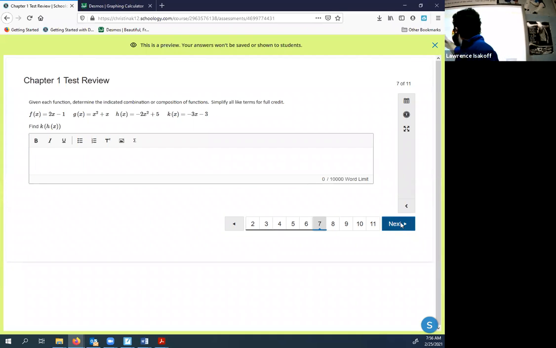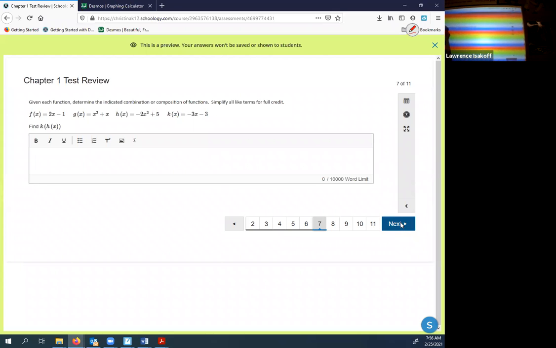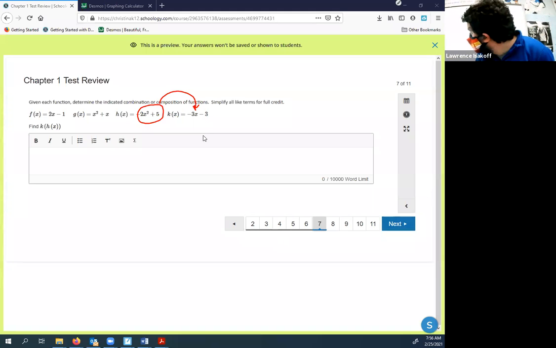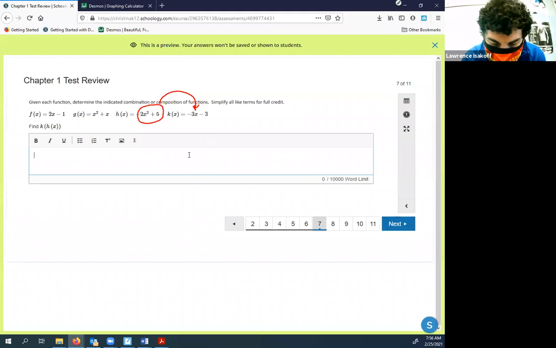Here, I'm composing h into k. So it says k of h of x. I'm going to take this and plug it in again where x is. So k is my outer function, h is my inner function.